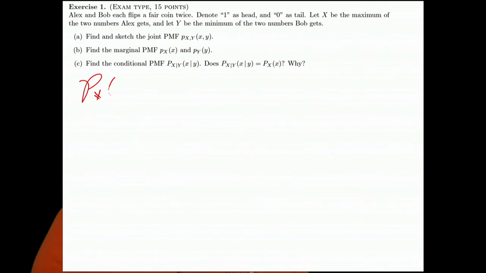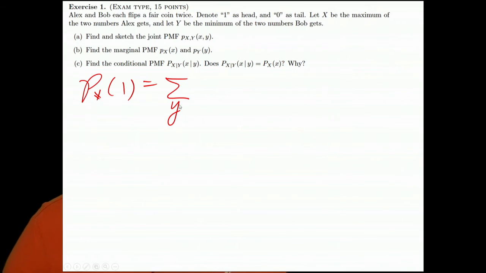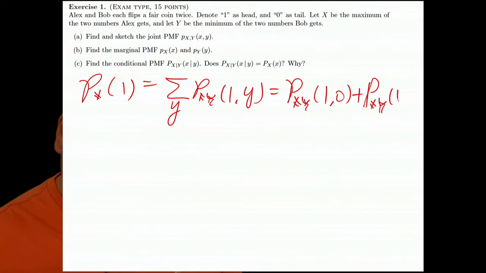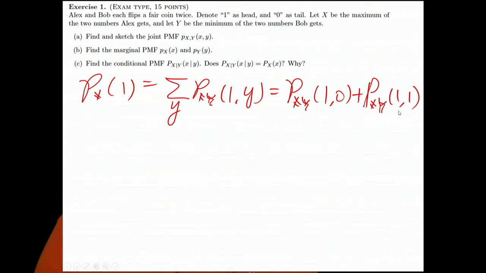And the PMF of x equals 1: same thing, there's a summation over y. That means the PMF of (1,0) and (1,1), which is 3/4.